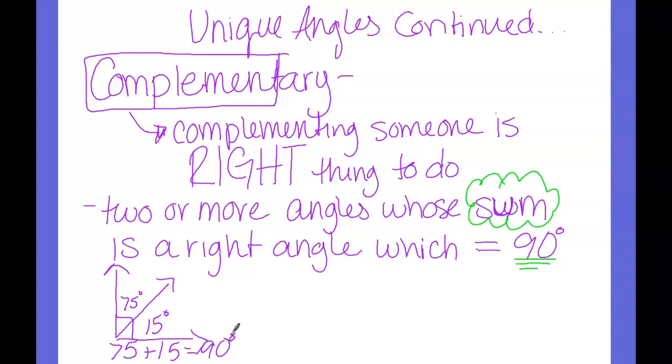But sometimes, of course, we're going to have to solve. So sometimes we get complementary angles that don't look like your typical one. They look kind of like a V, right? They still have their box there because it's telling us that it is a right angle. And then I split that angle in two.